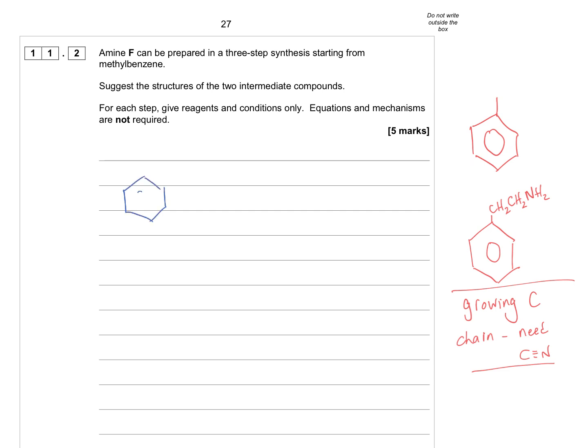But to begin with, we've got to find a way of attacking the CH3. At the moment, we've got a methyl group, and we know that they're not very reactive. The only thing you can really get a methyl group to react with is free radical substitution with something like chlorine or bromine. So my first step would be to use chlorine and UV light, doing free radical substitution to make a halogenoalkane, because once I've got a halogenoalkane, there's a point of attack for nucleophilic substitution.